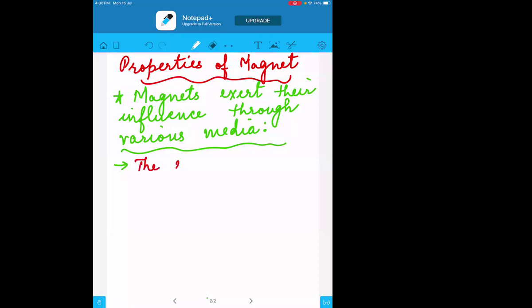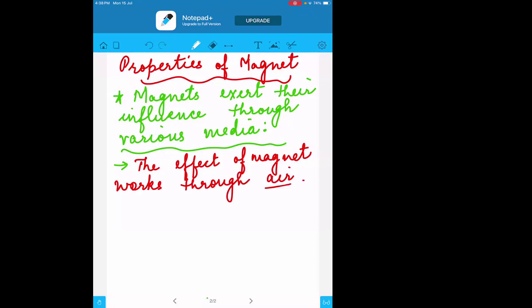So the effect of a magnet works through air. It can work in the air, it can work in the water, and even through some solids.